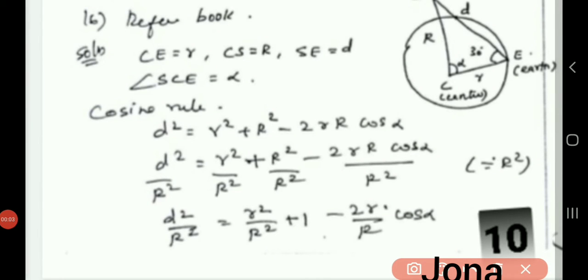Sixteenth sum. Suppose that a satellite in space, an earth station and the center of the earth lie in the same plane. Center of the earth, earth station and the satellite are lying in the same plane. Let r be the radius of the earth and capital R be the distance from the center of the earth to the satellite.